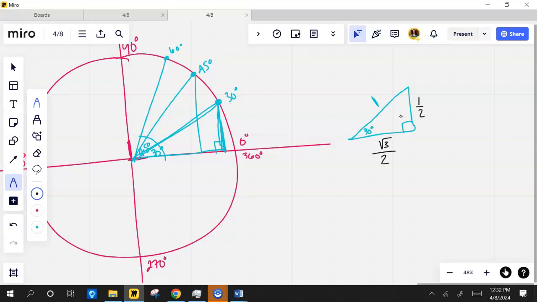Anybody confused about that? This is always 1 because the unit circle has a radius of 1. So your hypotenuse on all these triangles is 1. It's kind of your given.